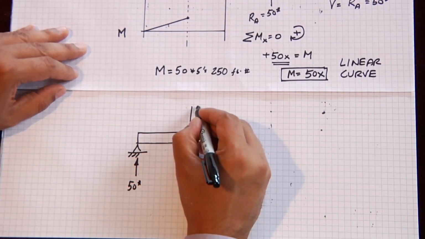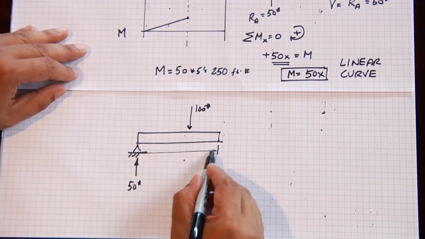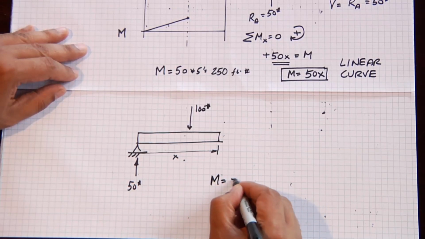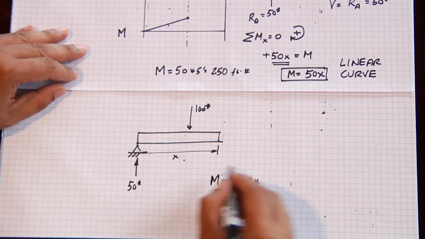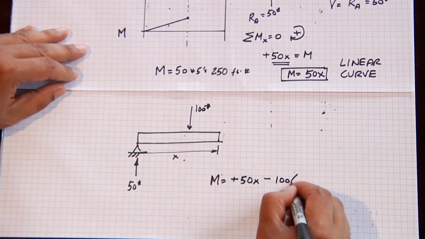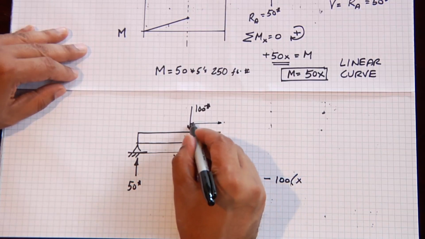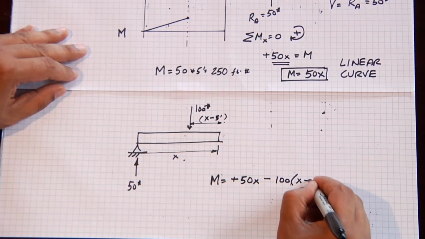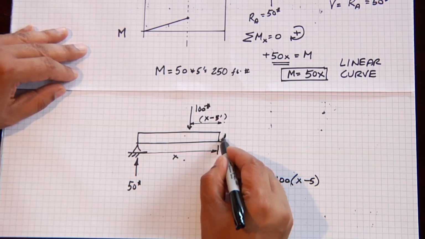We have our downward force of 100 pounds, but now x is over here past the center point, and so our moment is plus 50x minus 100 times x, that's times this distance over here, which is x minus 5. So it's 100 times (x minus 5). That gives us the moment past the center line.